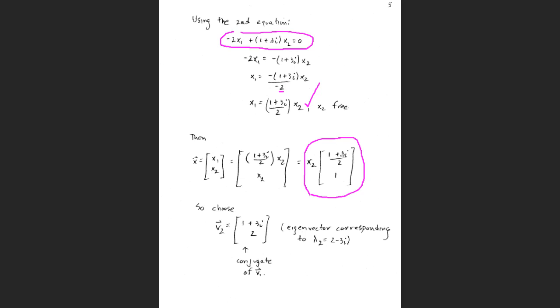And any multiple of an eigenvector is an eigenvector. So v2 I'll have as 1 plus 3i over 2. 1 plus 3i is the first entry, and 2 is the second entry. Remember what v1 was. Let's have it in blue.